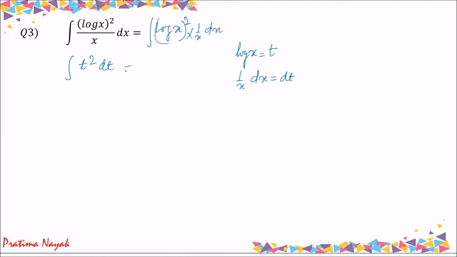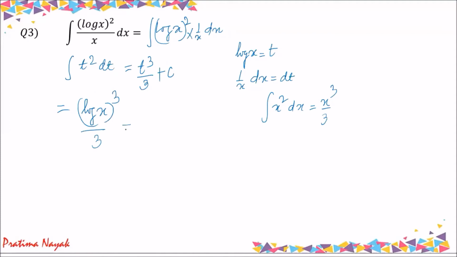So t square dt will be like x square dx. x square dx is equal to x cube by 3. So it will be t cube by 3. What is t? t is log x again. So log x whole cube by 3 plus c. This is question number 3.